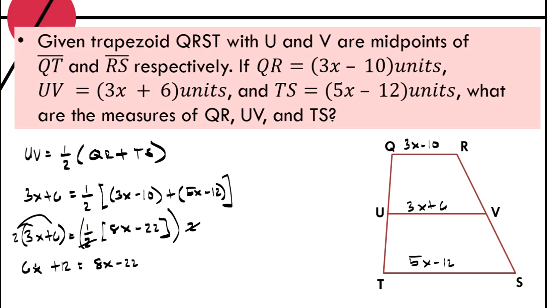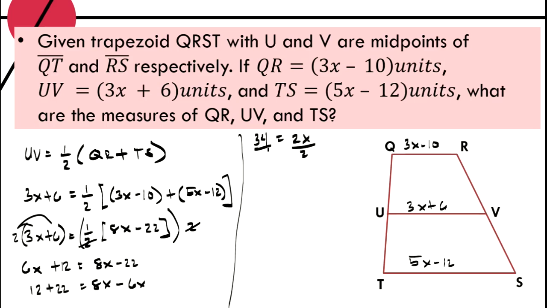Solve for x, transpose 6x. We have 8x, and from positive 6x, this will become negative. Negative 22 will become positive when transposed to the left side. So we have 12 plus 22 is 34, equals 8x minus 6x is 2x.